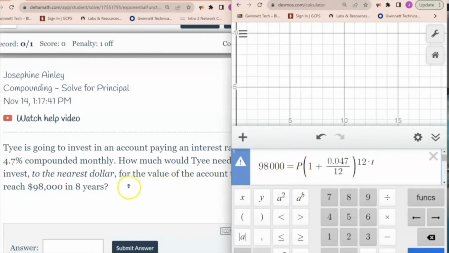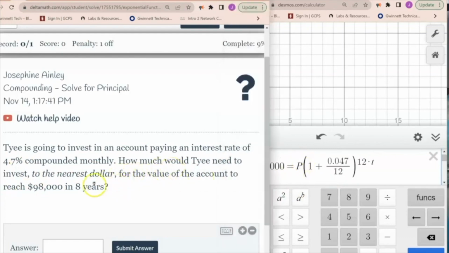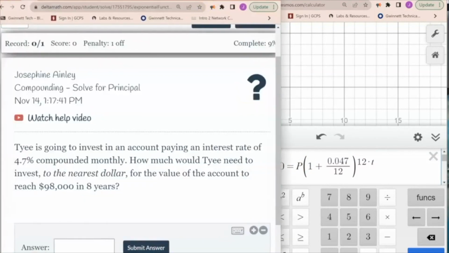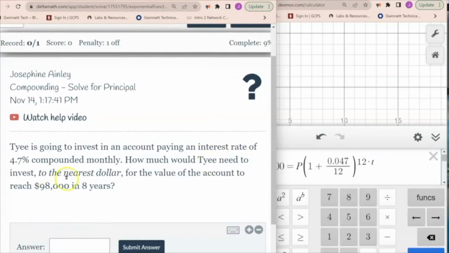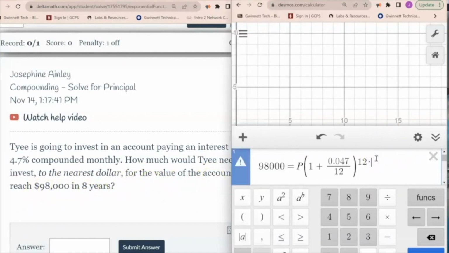So the question is, is there a time? Oh, here we go. I was wondering what the time was, to reach 98,000 in 8 years. So the time is 8.